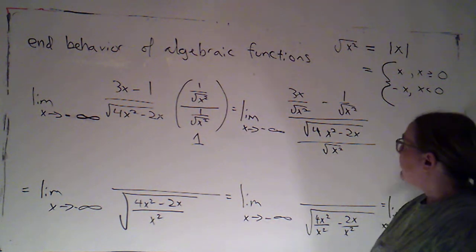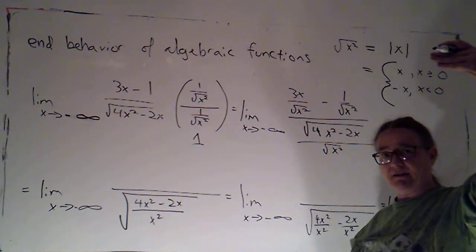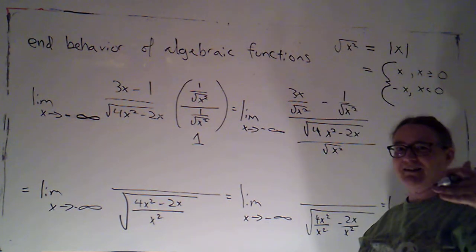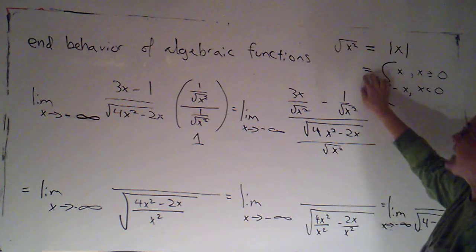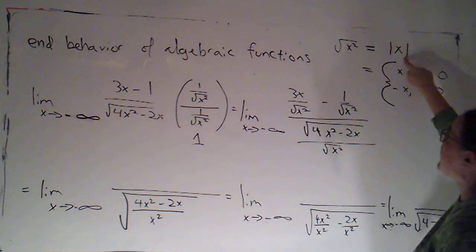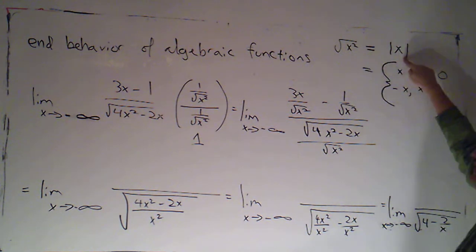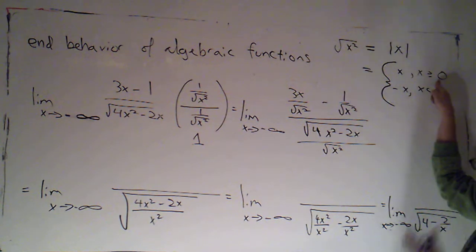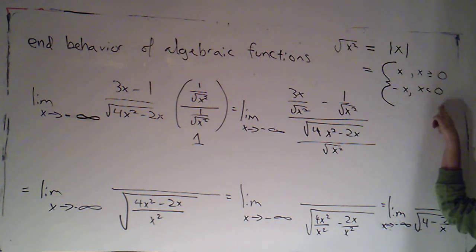Now on top, I want to be able to cancel, but I cannot cancel as long as I've got some x's not under a root and some x's under a root. So I'm going to use the same rule that we talked about last time, that the square root of x squared is the absolute value of x, and that's a piecewise function. That just gives me x if x was not negative to begin with, but it gives me the opposite of x if x was negative.